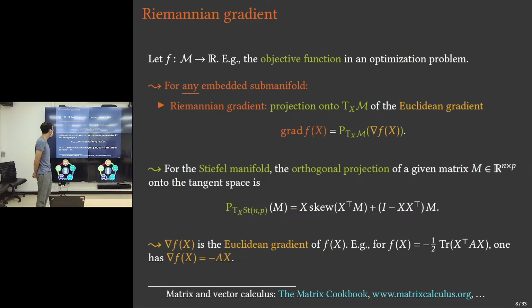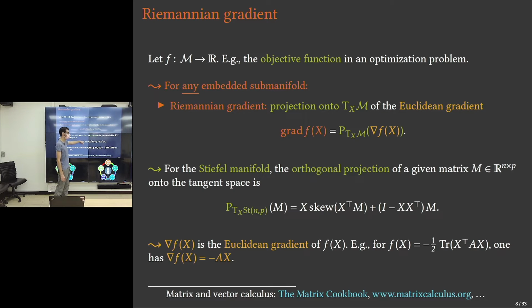For the Stiefel manifold, it's an orthogonal projection. The orthogonal projection of a generic matrix M of size n times p, belonging to the embedding space, onto the tangent space is given by this expression.